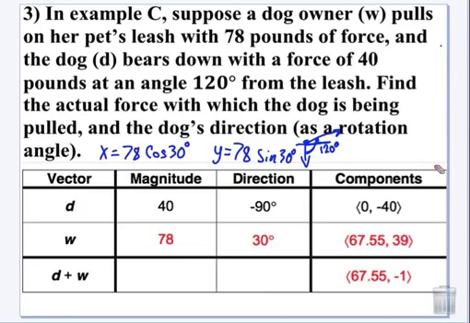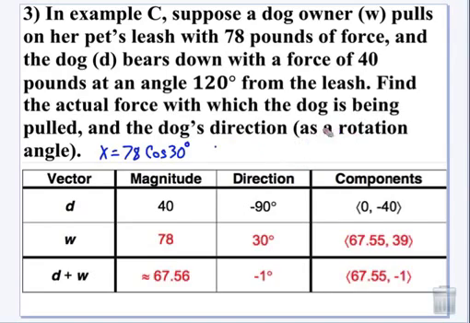Then I do inverse tangent of -1 over 67.55 for my direction, and I get my direction is -1 degrees. And then my magnitude, I do the square root of 67.55 squared plus -1 squared, and I get approximately 67.56 pounds of force.